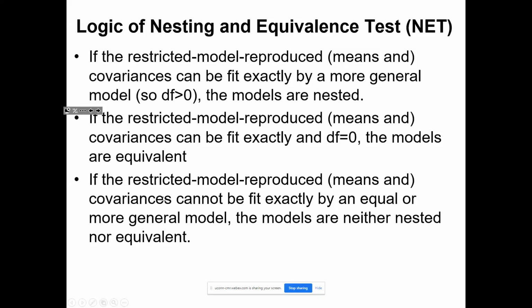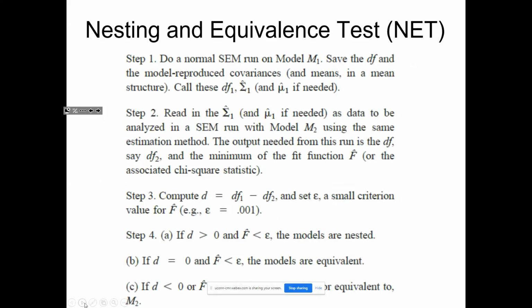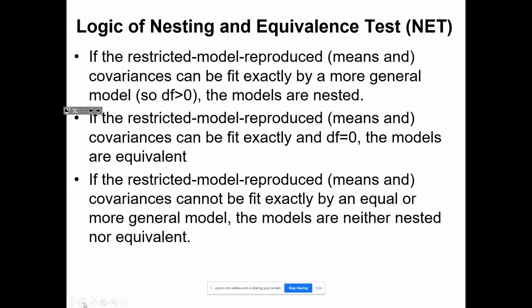On the previous slide where it says that when models are nested, M1 is the more restricted model. Yeah, that's right. But it's also the model with a larger DF. Yeah, that's also right. The more restricted model is the model that is estimating fewer parameters, and if it's estimating fewer parameters, it has more degrees of freedom. And it will have a higher chi-square.